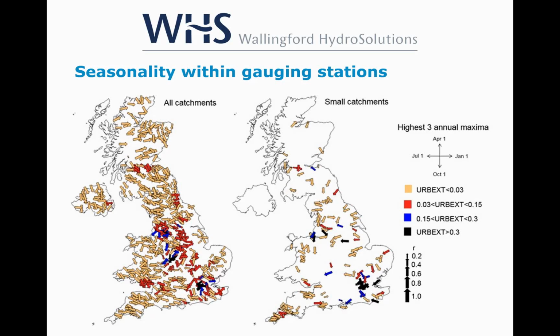If it's going to the west, then it's a summer event. We see that for most of the rural catchments, most of these are to the right, and they're showing winter events. As it becomes increasingly urban, it can become more summer dominated. However, it's very difficult to sort of untangle the degree of urban and the seasonality, as most of those urban catchments are located within the sort of southeast of the country.